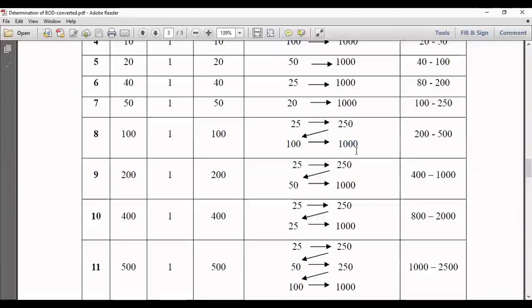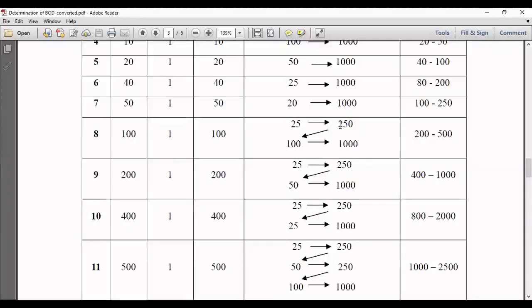I'm going to repeat it again. Firstly, we are going to take an empty 250 ml measuring cylinder. We are going to add 25 ml of the original sample to it, and then make the total volume 250 ml by adding 225 ml of distilled water.